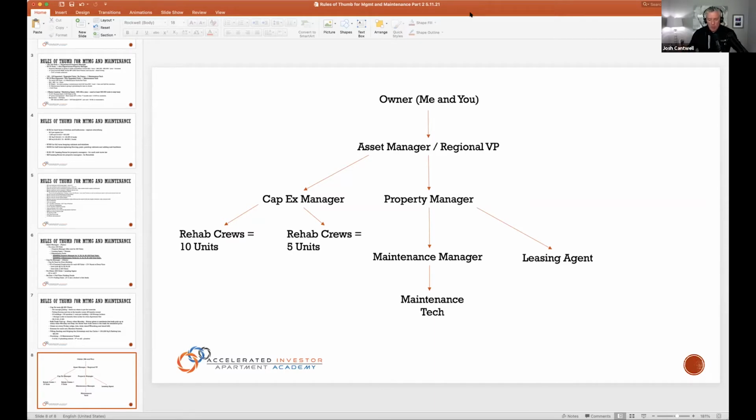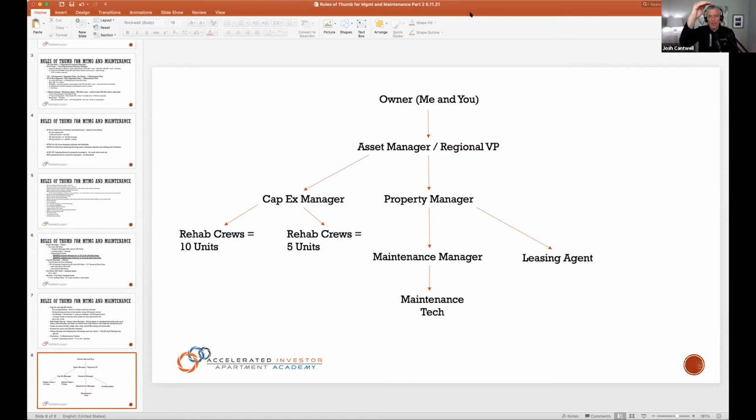So when you buy the building, if you're focused on acquisitions and raising capital, and you're also focused on your capital improvements or your construction, your major renovations, hiring a third-party manager allows you to stand up that whole business that you don't need to babysit every day.